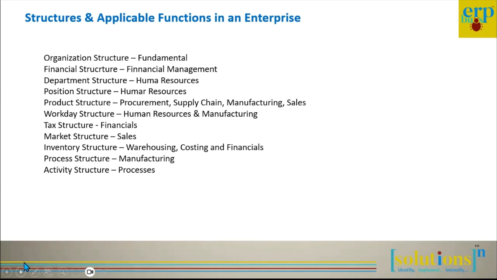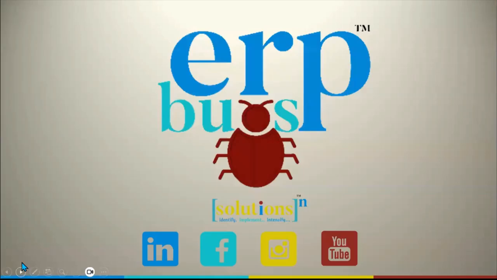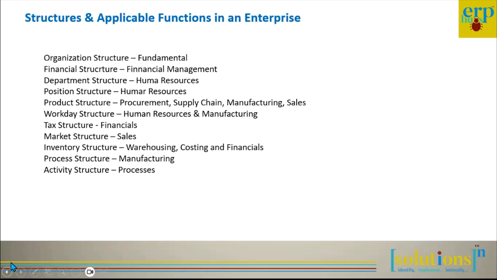And the next one. So the next topic is about the financial structure and organization structure. We will see how they are defined in an ERP system. For our understanding, we are focused on Oracle Fusion.